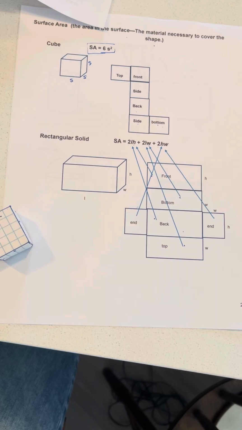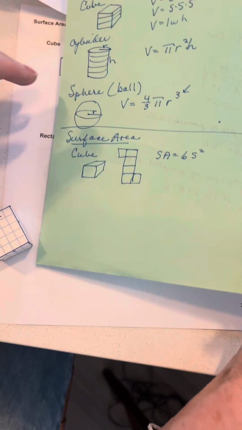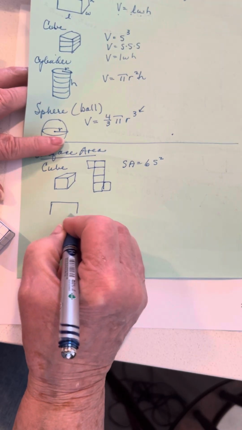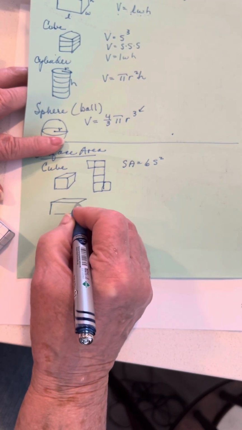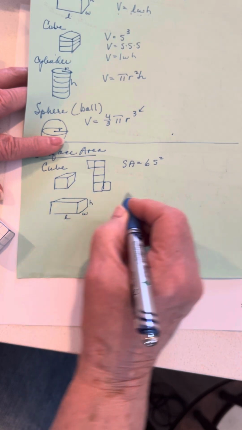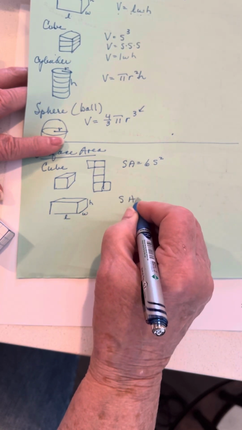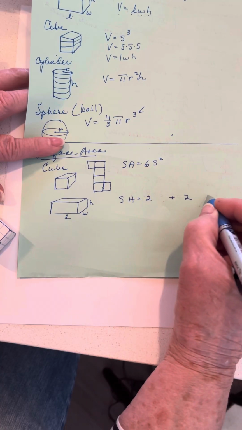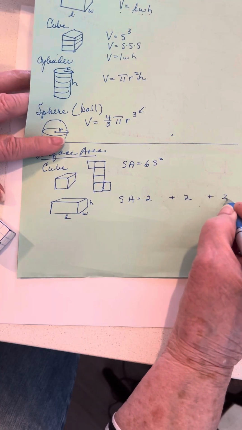So let's get that on our notes here. Drawing a 3D picture. We have length, width, and height. And the surface area would be 2 of those, plus 2 of those, plus 2 of those.